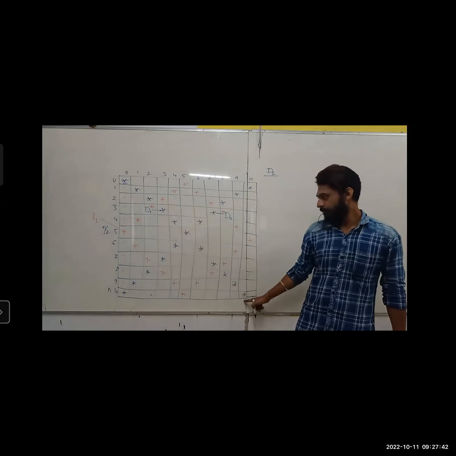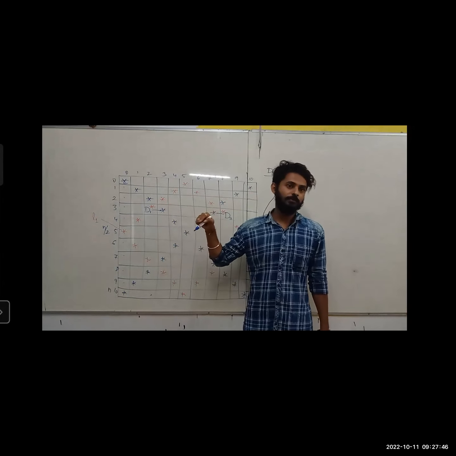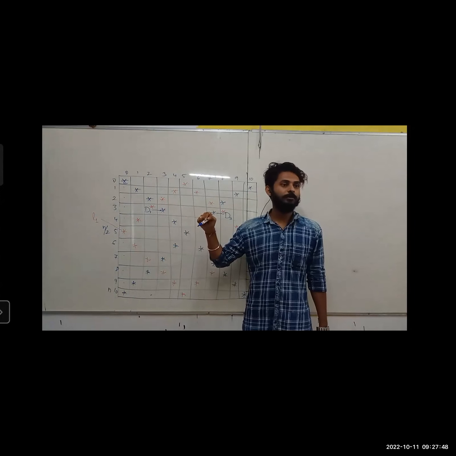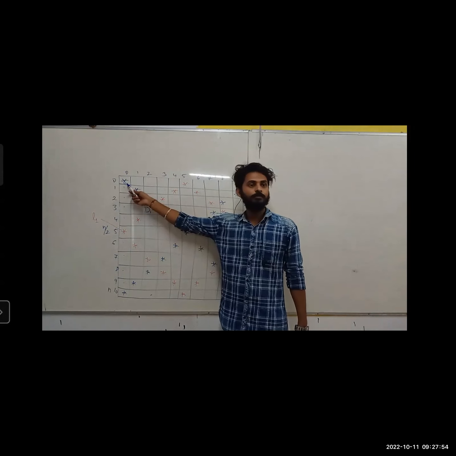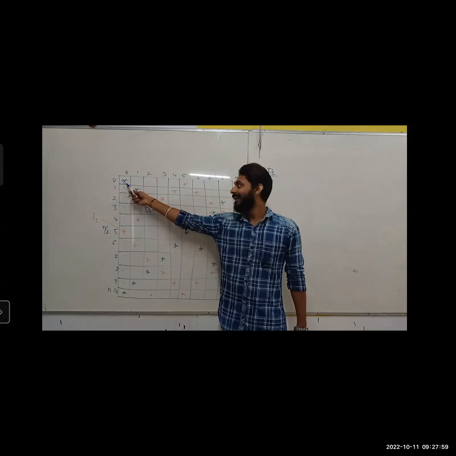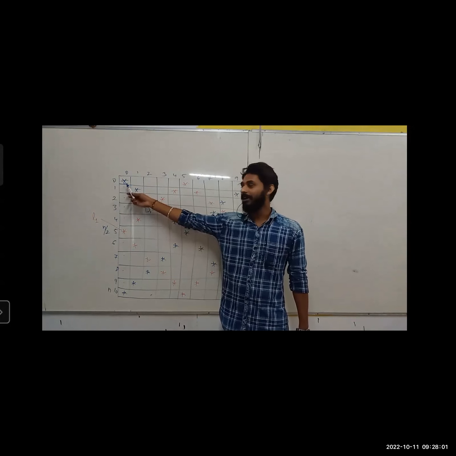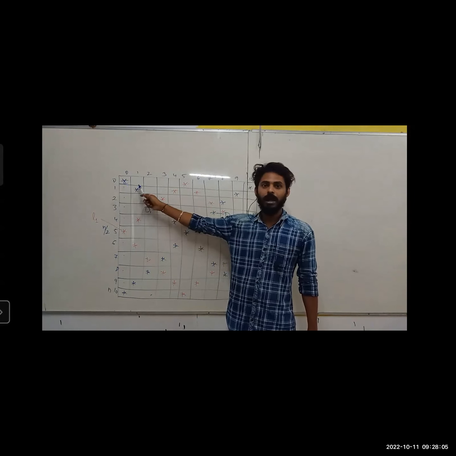Yes or no? Just check every star's value. When I say value, what you should check? Row number and column number. So if I consider here, what is the value? 0, 0. I value is 0 as well as J value is 0. This one, I value is 1 and J value is 1.